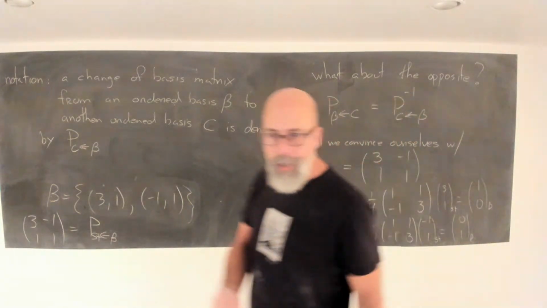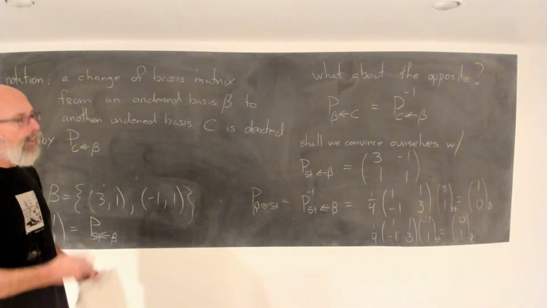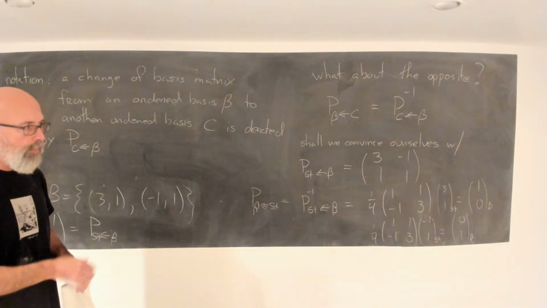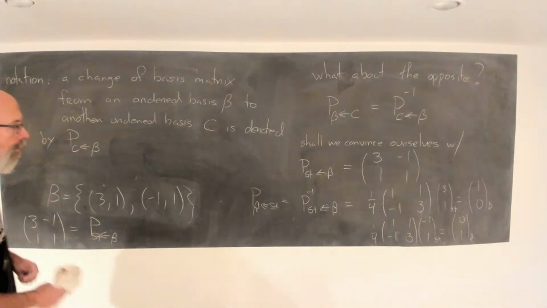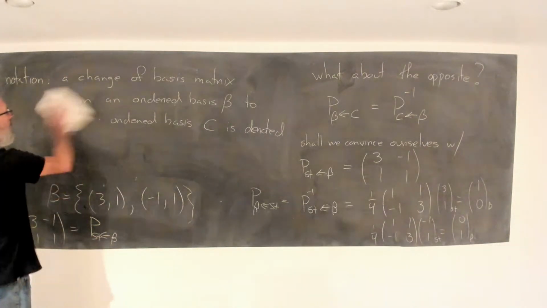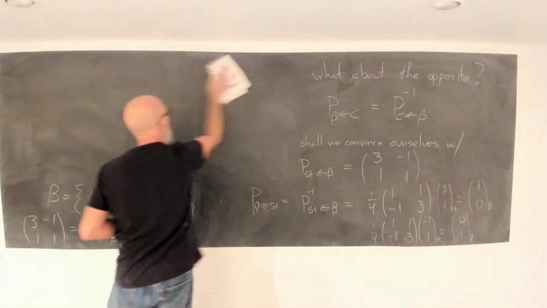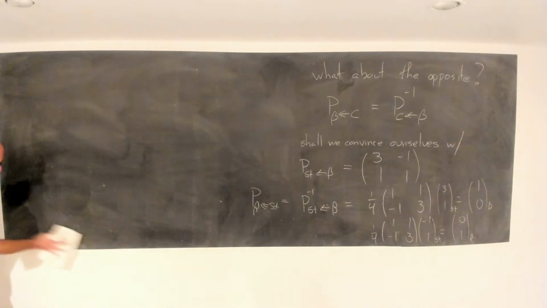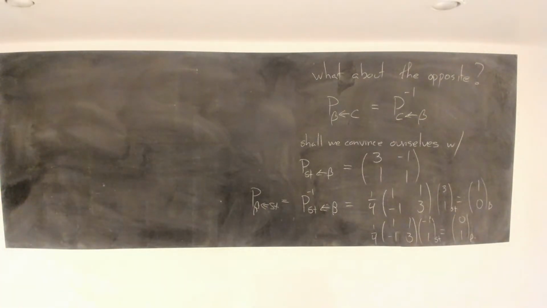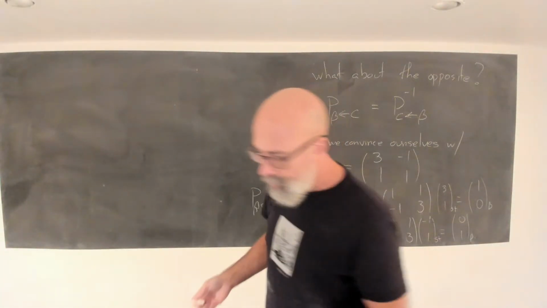Oftentimes, if nothing is mentioned, it's understood to be standard, in the same way as with logarithms, when there's nothing, it's understood to be base 10. But for completeness, let's write it nonetheless. So let's go back to our linear transformation.